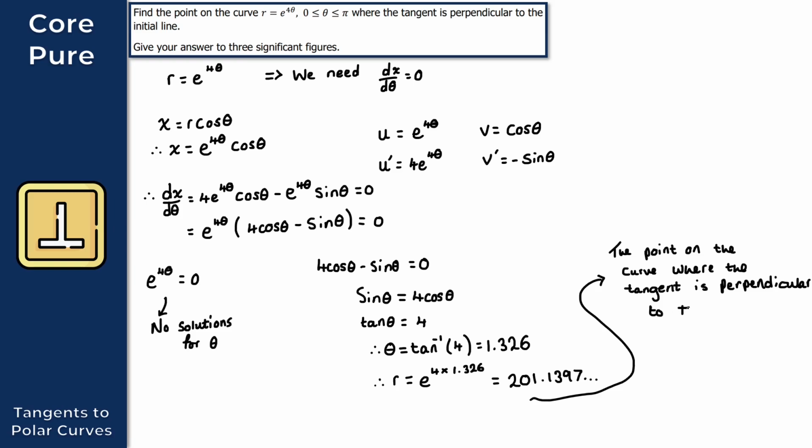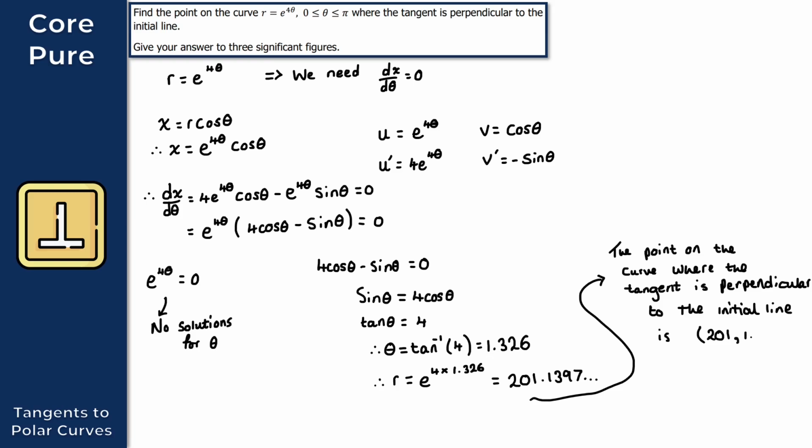Let me just write this down in full. So our point is r, theta. In that case, r is equal to, to 3 significant figures, 201. And for theta, to 3 significant figures, that would be 1.33.